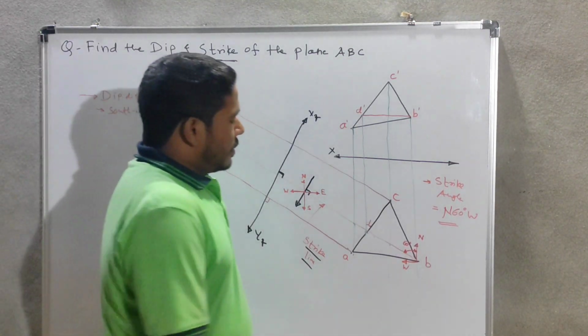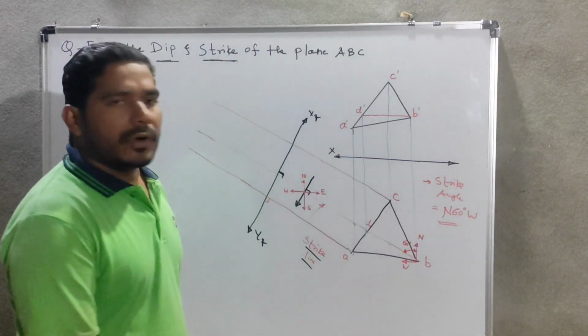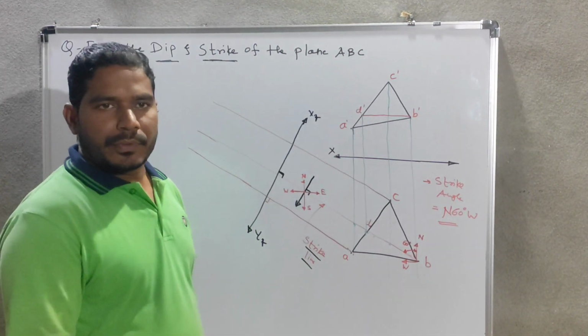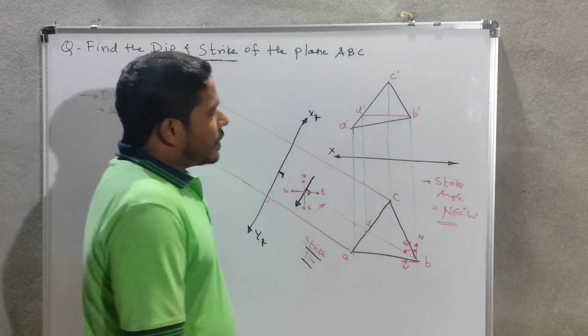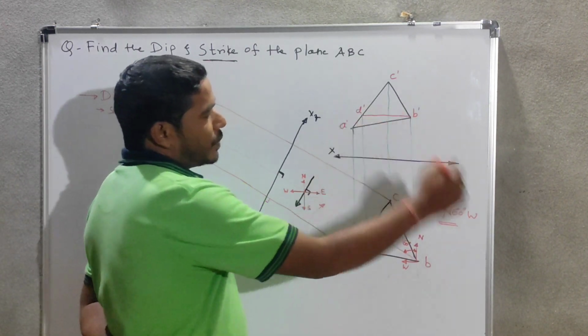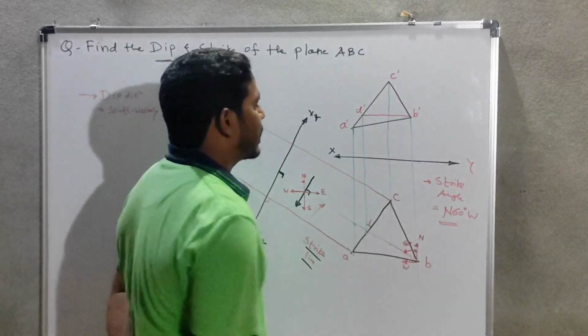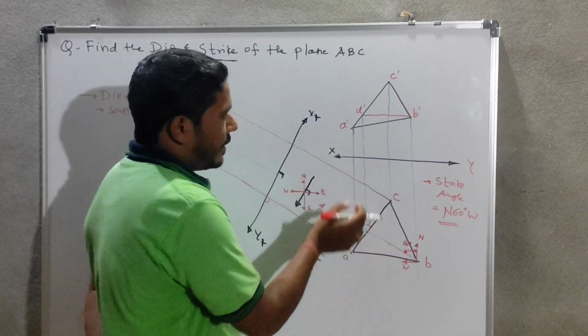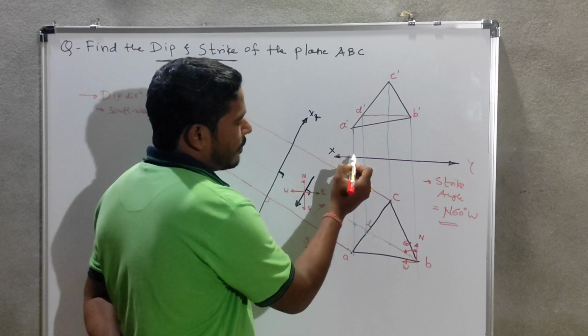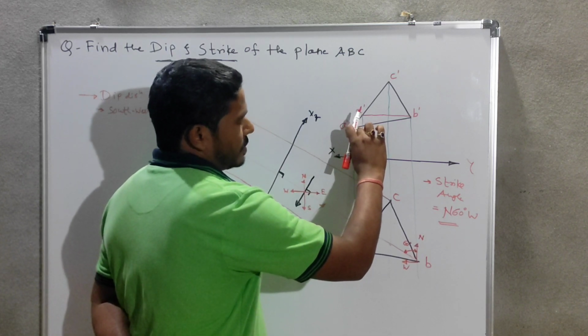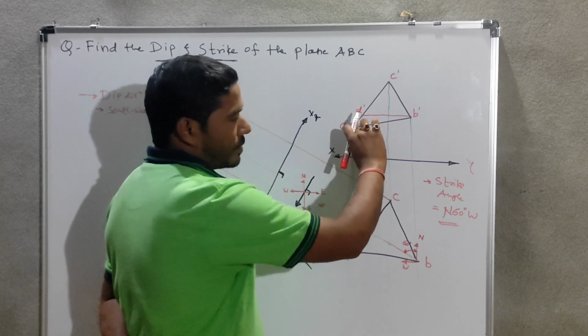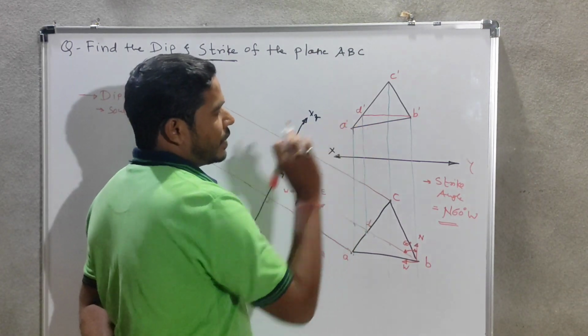Now, after projecting all these points from the top view, we have to take the distances of the respective points from the previous reference axis. This is our previous reference axis, and from this reference axis we have to measure the distance of the respective point. Suppose the point A is there.